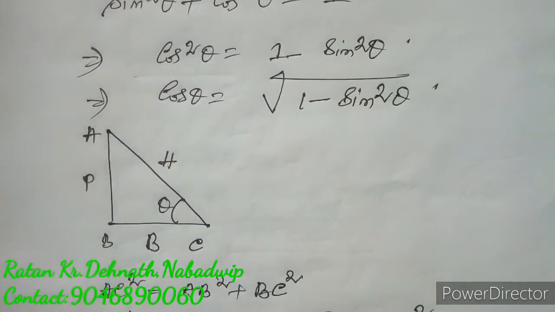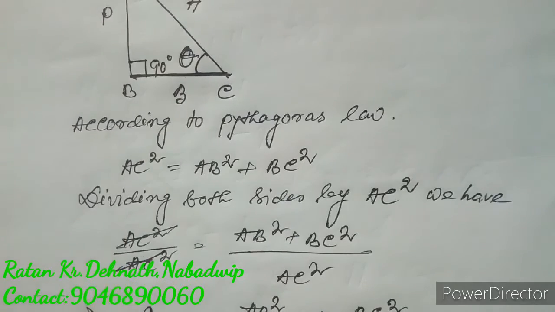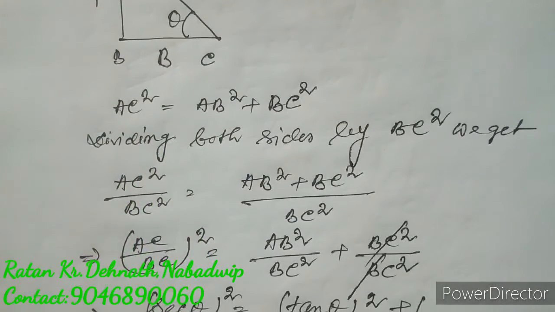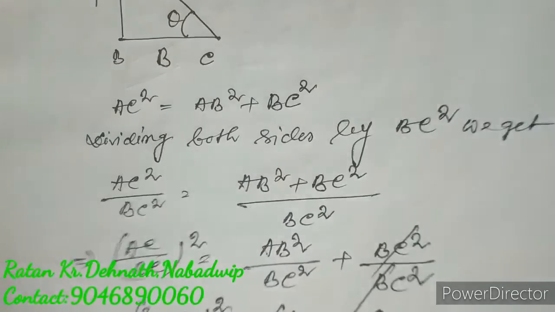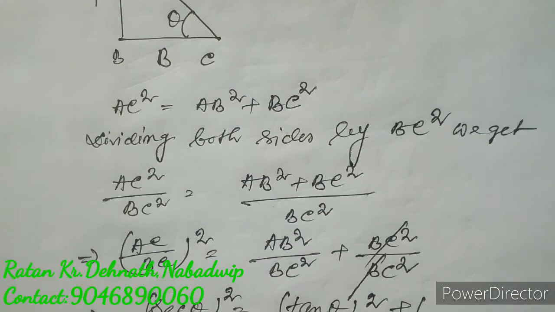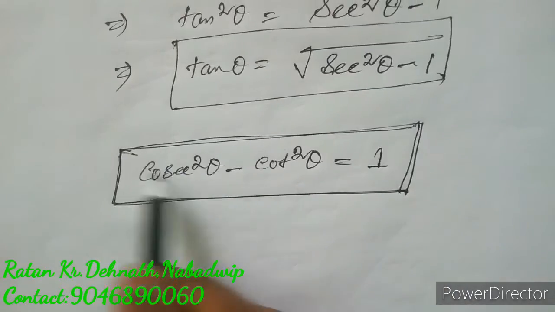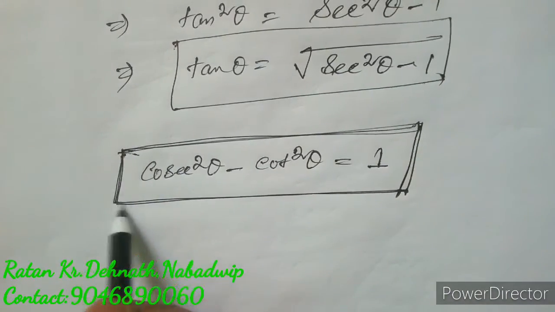For proving the first formula, we divide both sides by AC square. And for proving the second formula, we divide both sides by BC square. So in order to prove the third formula, you just divide both sides by AB square. You will get this formula. So it's your home task.